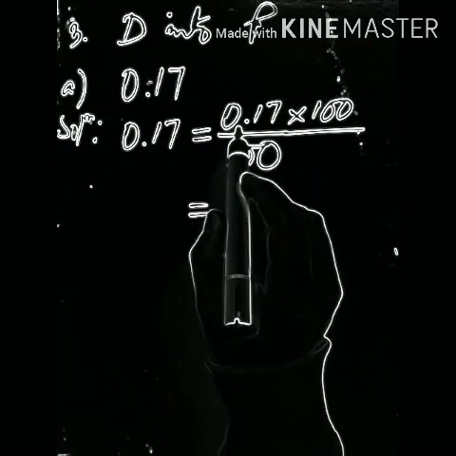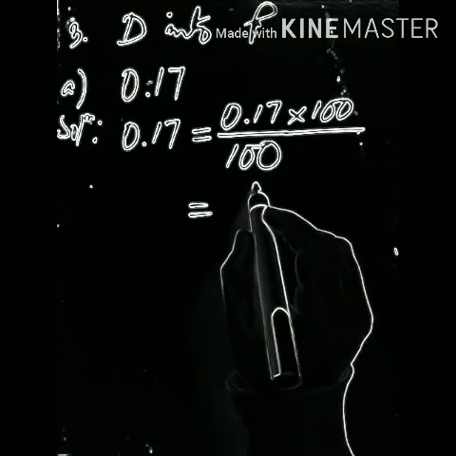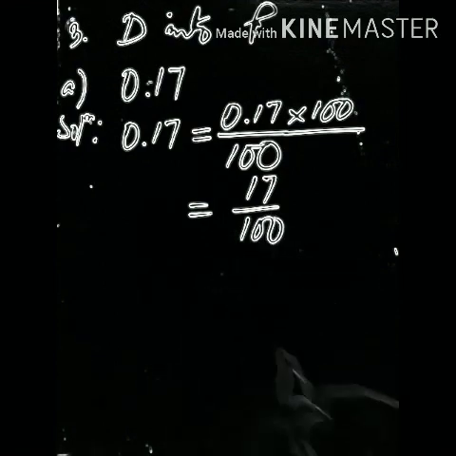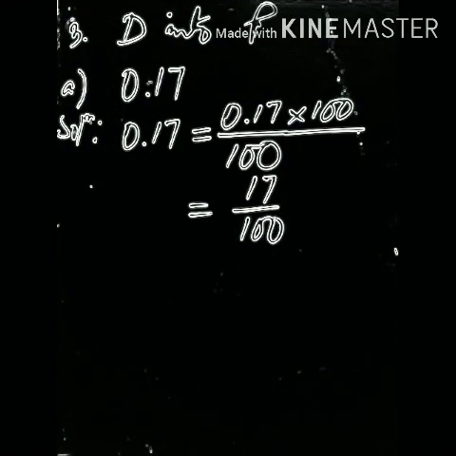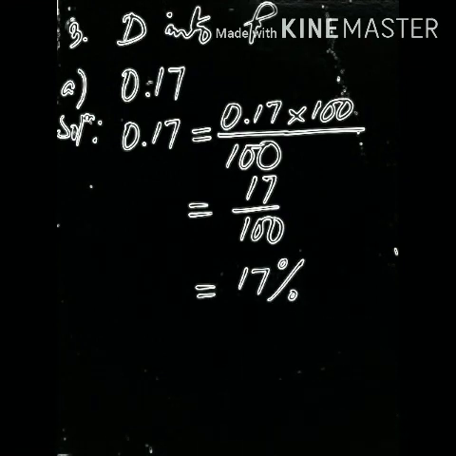Now if we multiply 0.17 and 100, I'm sure you will get 17. Then here, 100. So 17 by 100 means we can write 17%. This is how we convert decimal into percents.